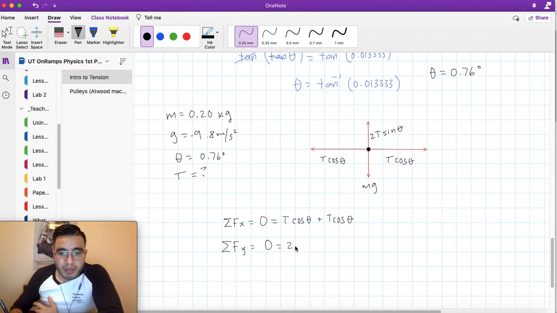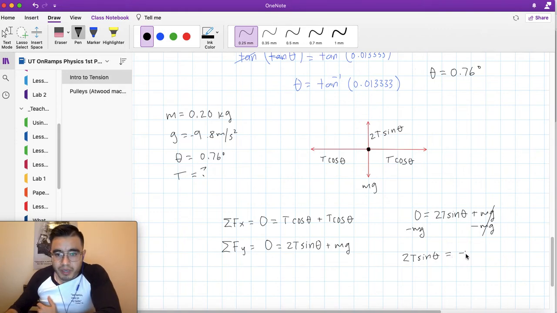But now we have 2T sine theta plus mg. I'm going to take this part of the equation over here. I'm going to subtract mg from both sides. I'm trying to find T for tension. So I have that 2T sine theta is equal to negative mg.